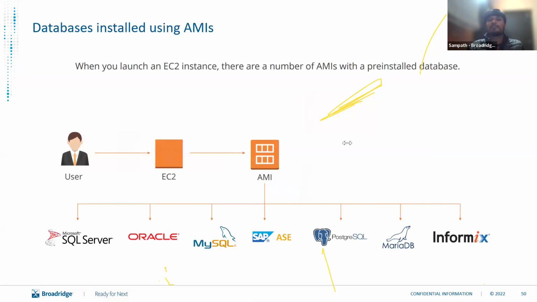Yeah, thank you. So in that case as well, when you have a lot of database expertise, but RDS doesn't help, you still can launch a database on an EC2 instance. See, an EC2 instance is the basic thing you need to think of; it is nothing but a server. Okay.